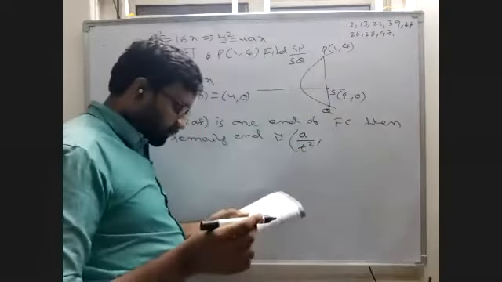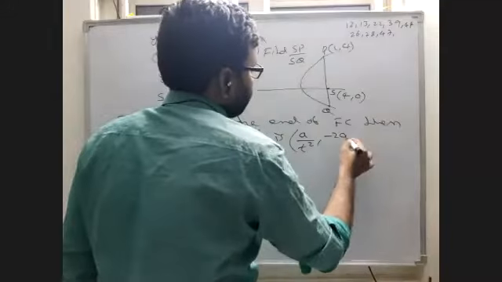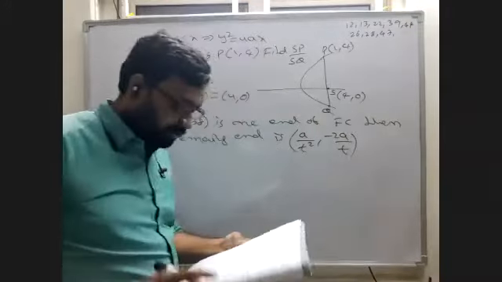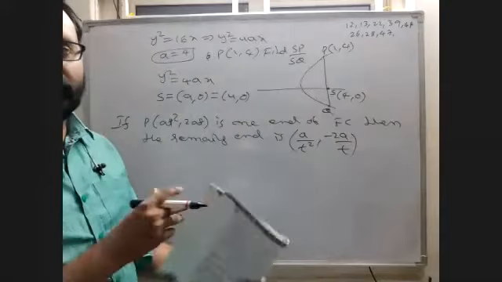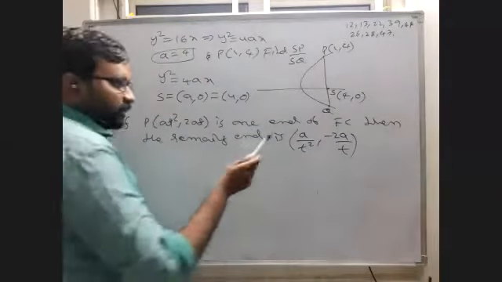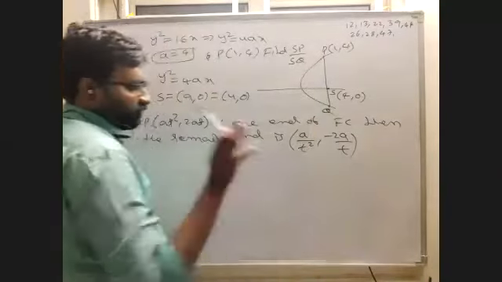I should remember this, that's why I'm telling you every day: one more end is a by t square comma minus 2a by t. So here you have to know the value of a and the value of t, then you can find this end.